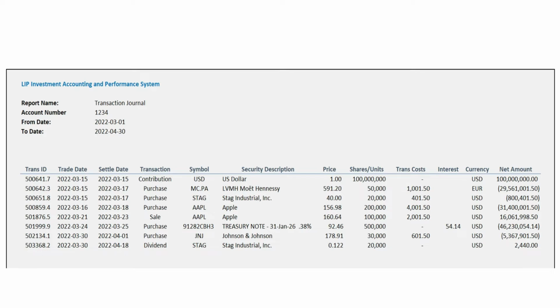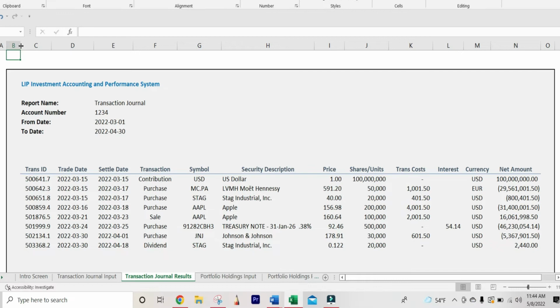Now next we'll go to transaction types, this column. So here the naming of transaction types are different in each system, but I'll go through each of these so you can get familiar with the types of transactions you will see. So the first one here is a contribution. What do you think that means? That's right, that's when the client contributes money into the account.